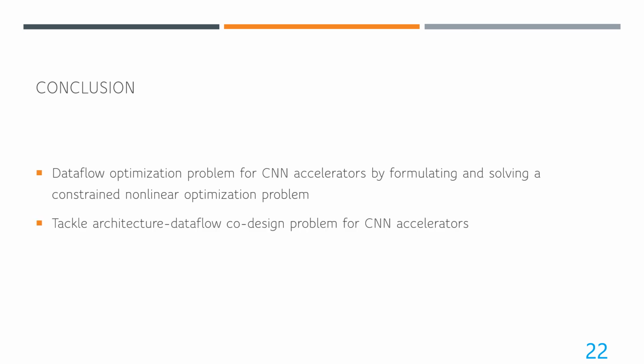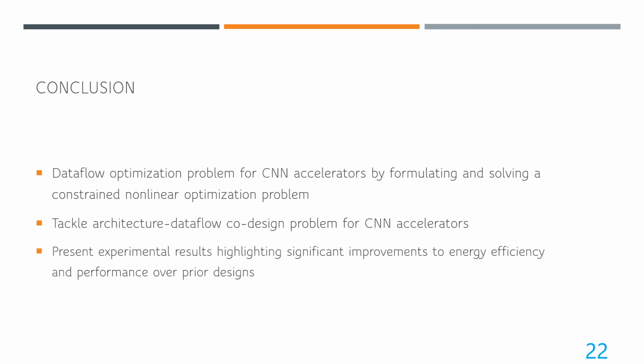We also present a novel solution to the architecture data flow co-design problem for CNN accelerators, optimizing across parameters for per-PE register capacity, SRAM capacity, and number of PEs, avoiding the need to solve data flow optimization problems for various combinations of choices for architectural parameters. We present experimental results using the state-of-the-art accelerator modeling framework Timeloop, showing that significant improvement in energy efficiency and performance over prior designs are achieved by use of the developed design space exploration methodology.